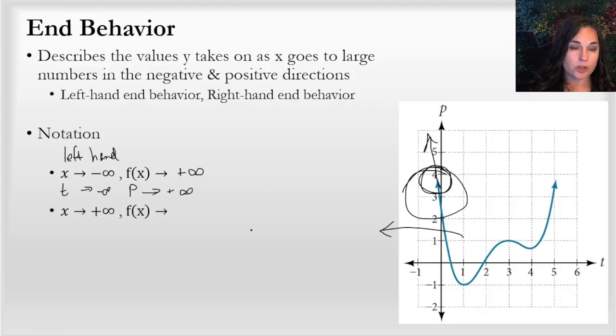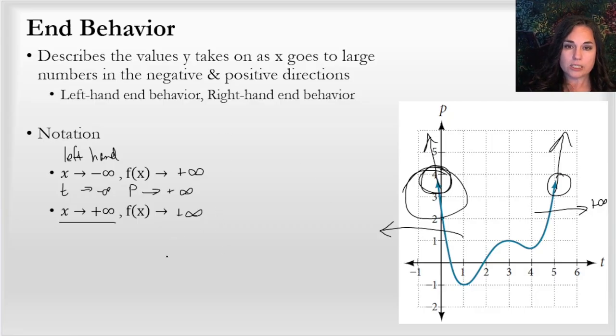When I look on the other end, as the t value, as the input value goes to positive infinity, so that's what we're looking at here, what does the output do? Well, the output keeps growing and growing, so the output also goes to positive infinity. So that's how you think about that.